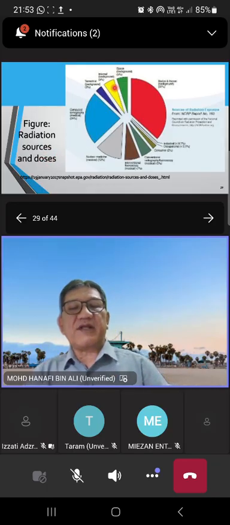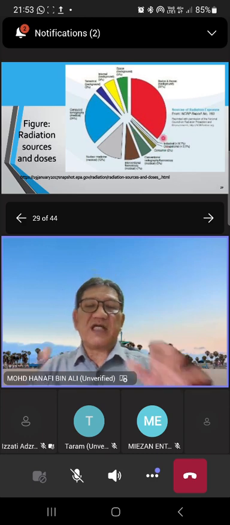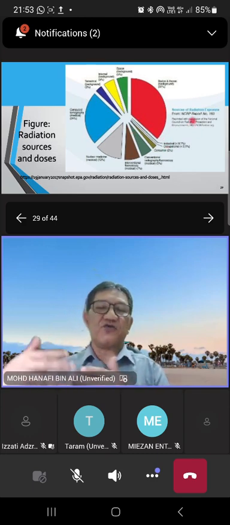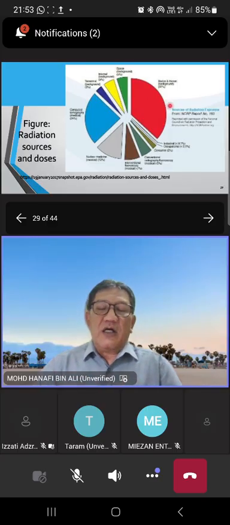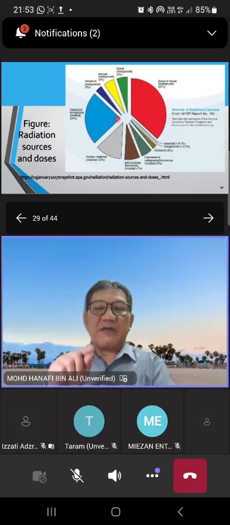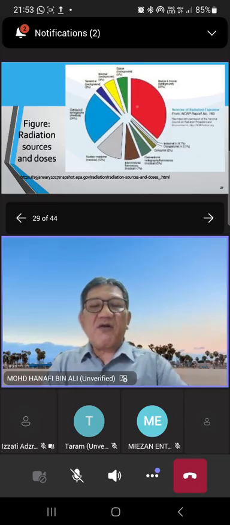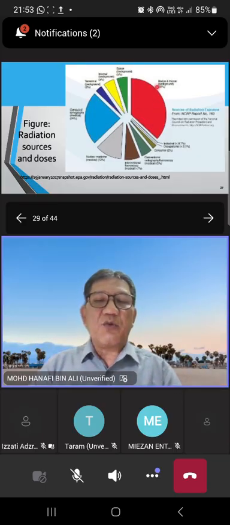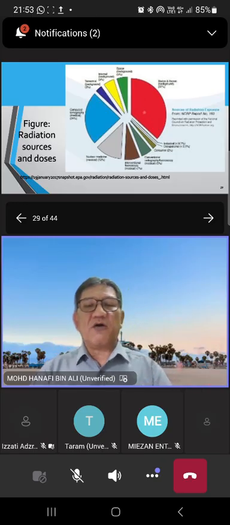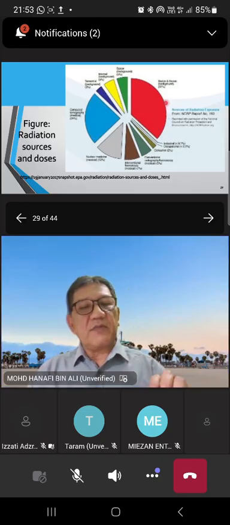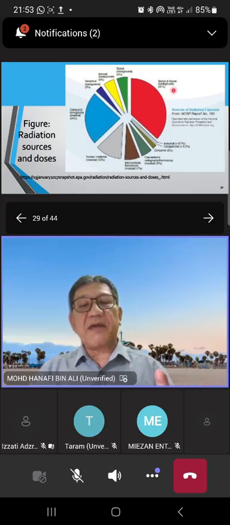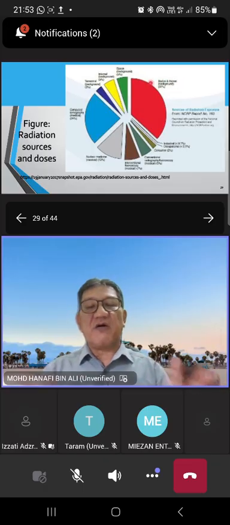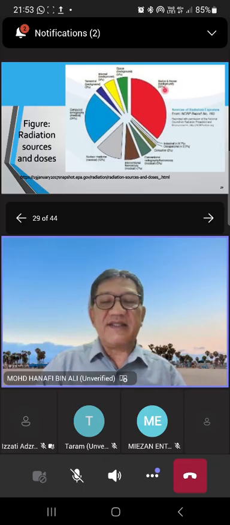Fluoroscopy is another source of quite high radiation because they keep the X-rays on to see the image, for example when doing a catheterization to see the heart, or to check the contrast inside the body. So all this information is for different kinds of systems or modalities. Overall, CT scans still contribute about 60 to 70% of the medical examinations across all modalities.